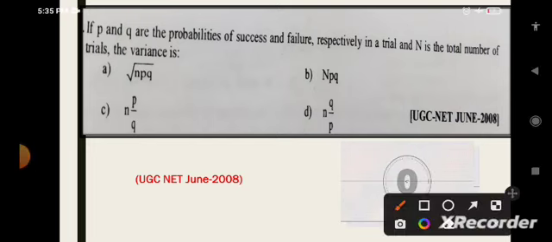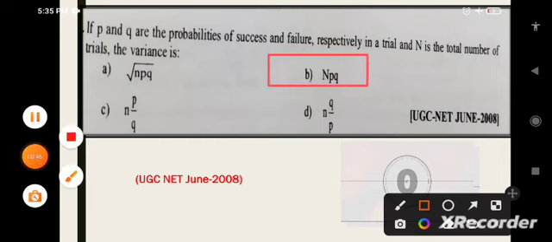So here, as it is the case of binomial distribution, our correct option will be option B, that is variance will be equal to NPQ.